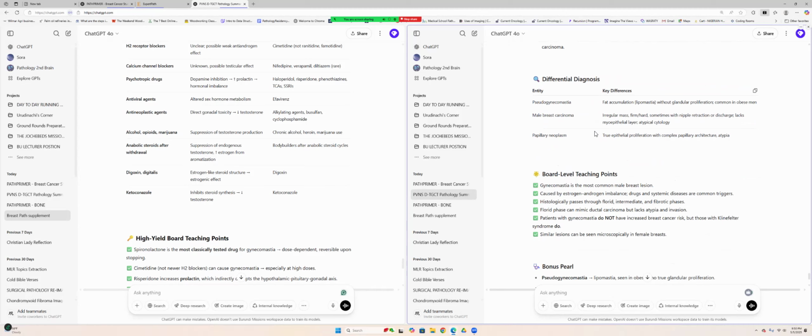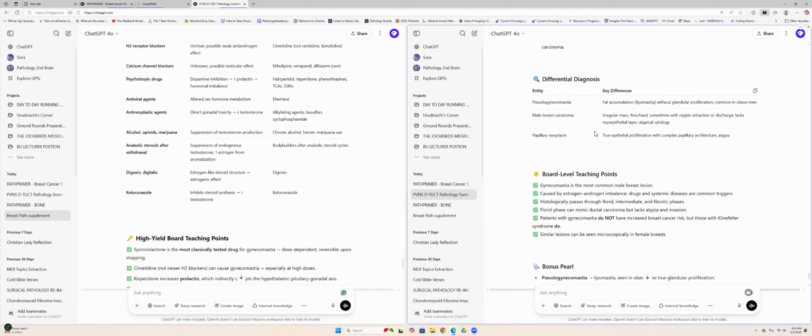Pseudogynecomastia is also called what? Lipomastia. It occurs in obese men without glandular proliferation. Male breast carcinoma is irregularly firm and sometimes with nipple retraction or discharge.